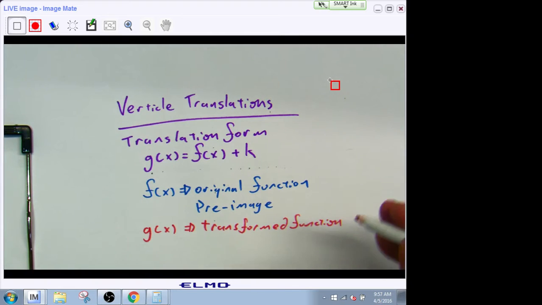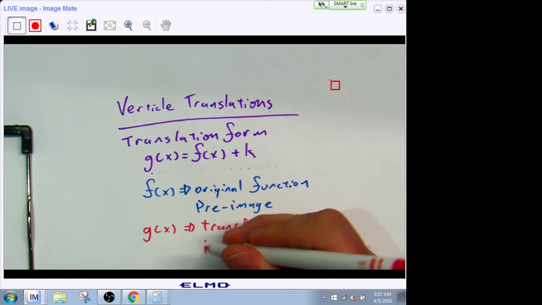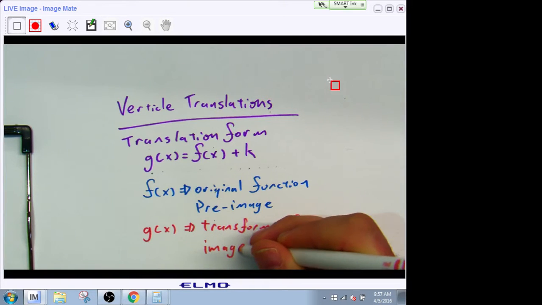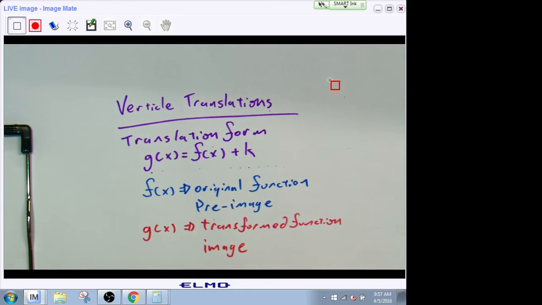It's the robot in disguise. It was once a semi-truck, now it is a fighting robot from, I don't know what planet they're from. Otherwise we call this the image. Okay? This is the new guy, transformed.